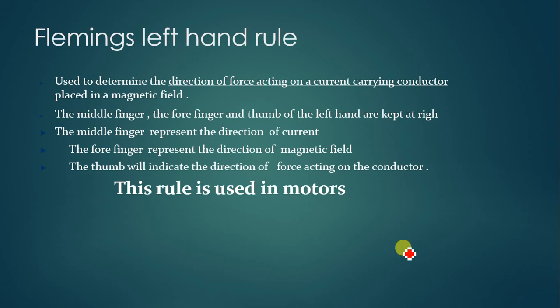The middle finger tells you the direction of current, the forefinger the direction of magnetic field, and the thumb the direction of force acting on the conductor. This rule is applied in motors. In all DC motors, the fundamental law is Fleming's left hand rule.